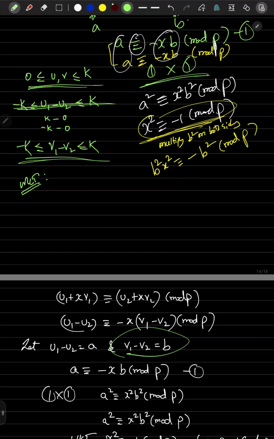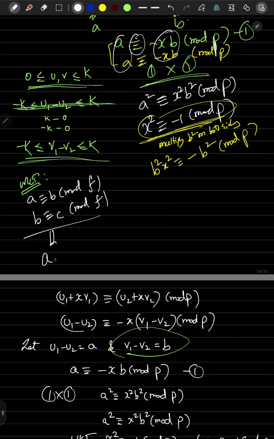In the previous class I told you that if a is congruent to b mod c, and b is congruent to d mod c, then a is congruent to d mod c.